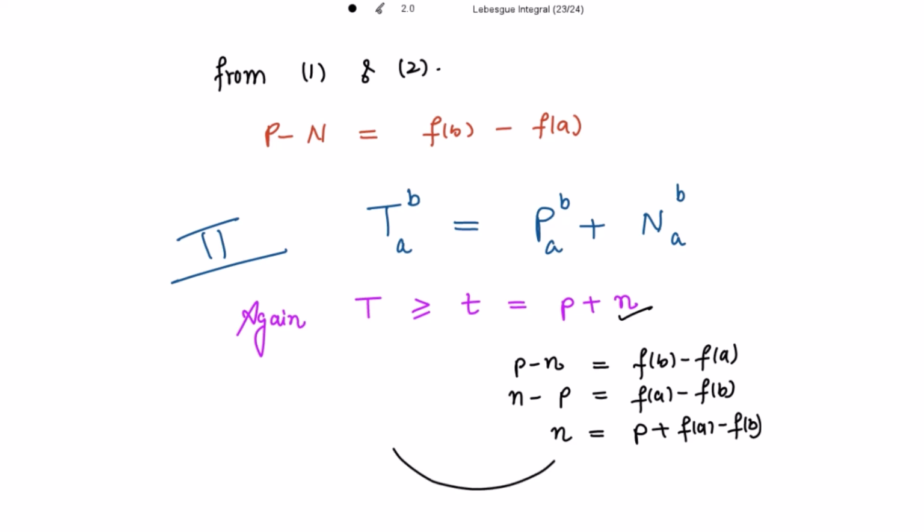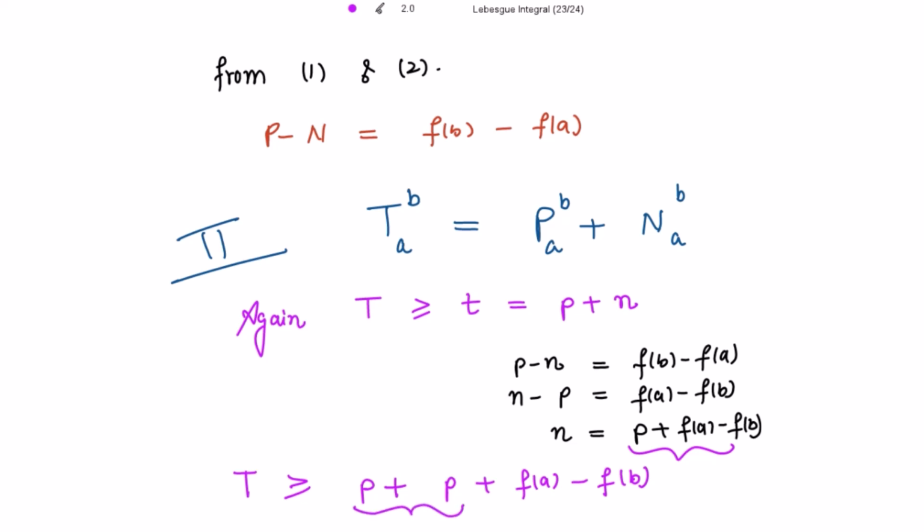I'm going to use this value in place of this N. So what I get is capital T greater than or equal to small p plus, using this value, P plus f(a) minus f(b). So this becomes twice P. So this capital T is greater than or equal to twice of P plus f(a) minus f(b).